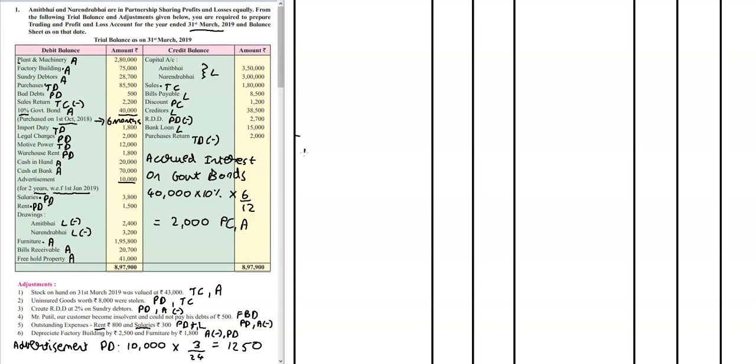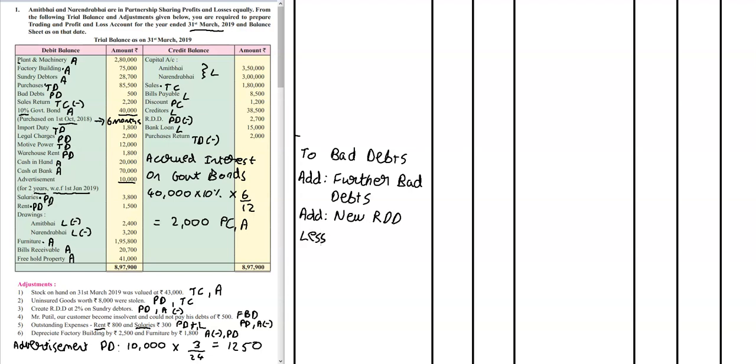We have to bad debts, to which we add further bad debts, to which we add new RDD and subtract old RDD.